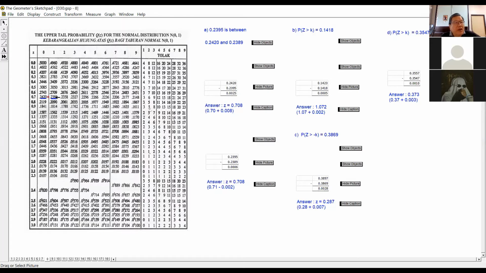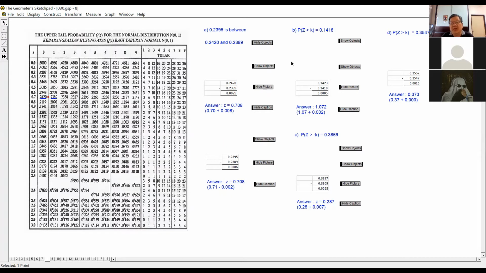So if it is between these two numbers, I have two choices. I can pick the number on the left hand side, 2420, or I pick the number on the right hand side, 2389. So the choice is yours.